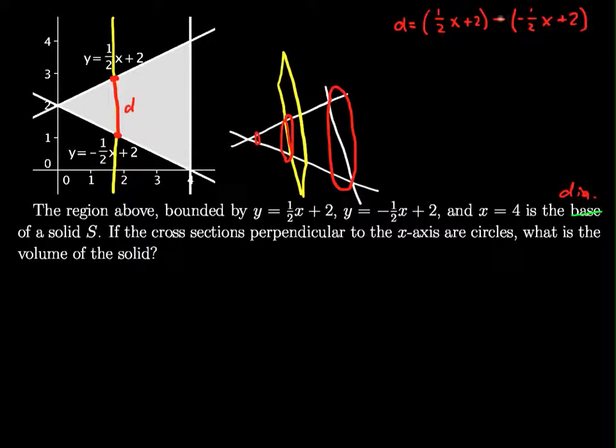The plus 2's will both cancel. 2 minus 2 cancels out. The negative 1/2, so minus the negative here, actually gives me a diameter equal to x.